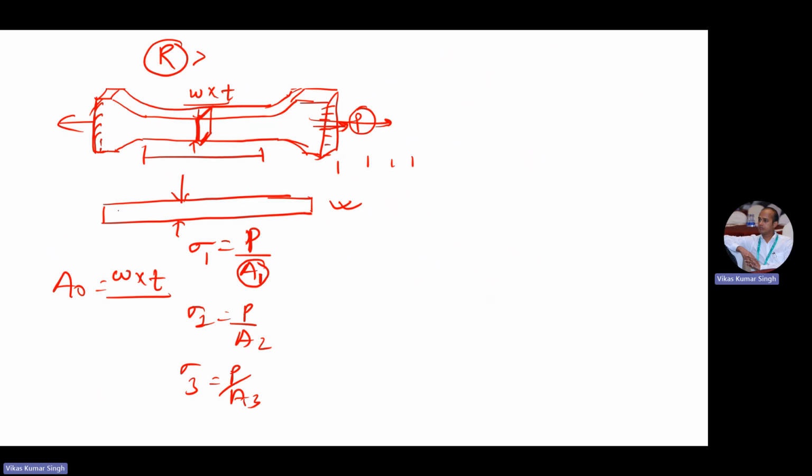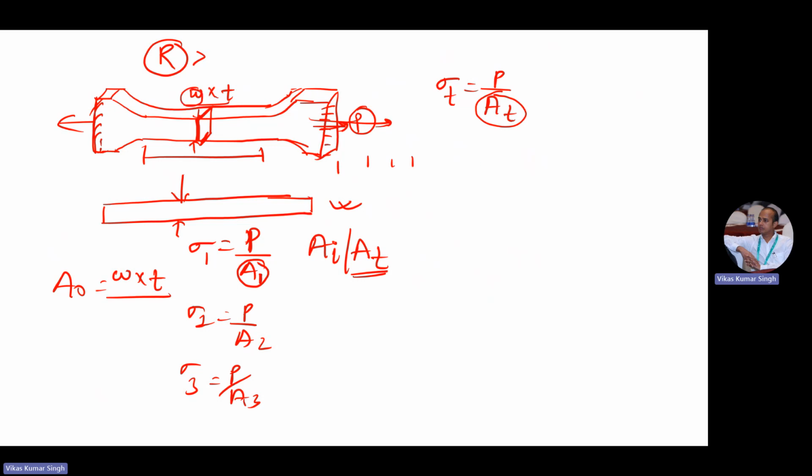So the instantaneous area is changing. I am writing instantaneous Ai, or you can write A true, the true area. So the true area is changing throughout the experiment. When we write true stress, we write P by true area. And the true area is always decreasing because W is decreasing.